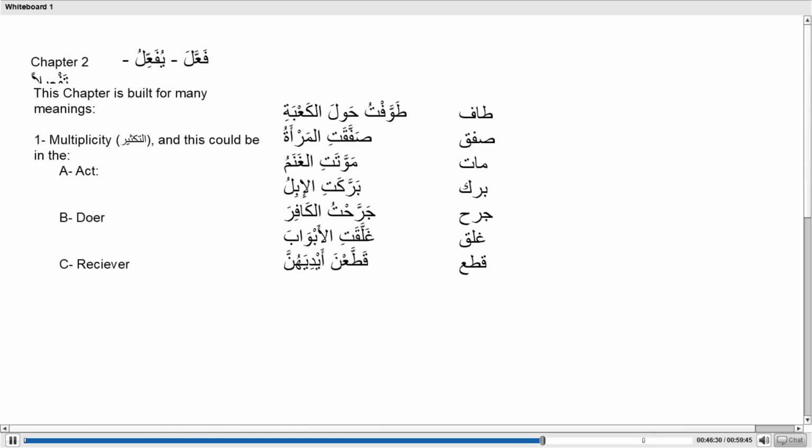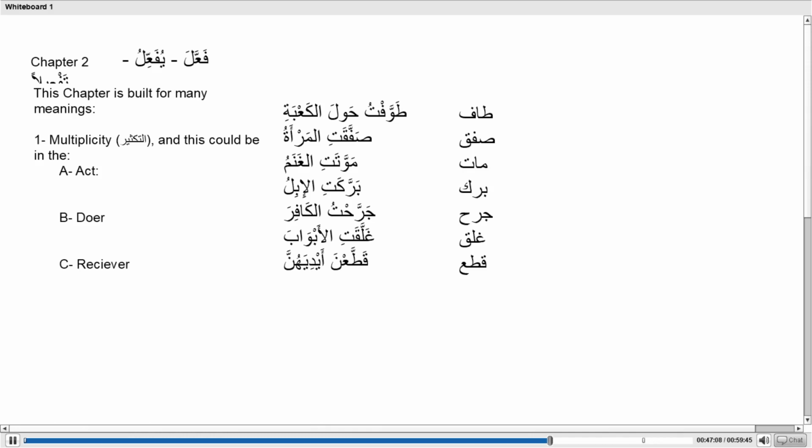Think carefully. أيديهن, their hands. They cut their hands. Many females cut their hands. So the doer. And some say the receiver, and some say the action.